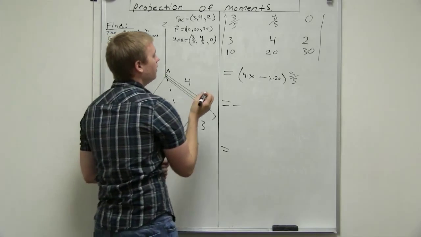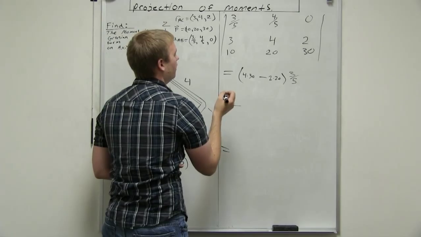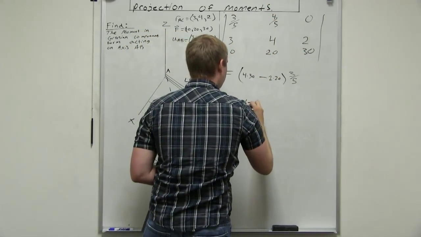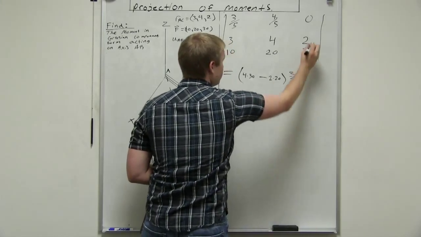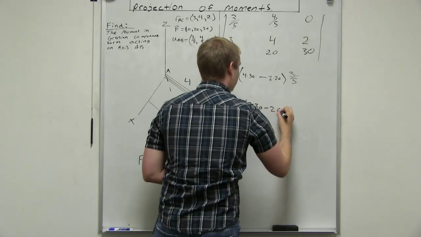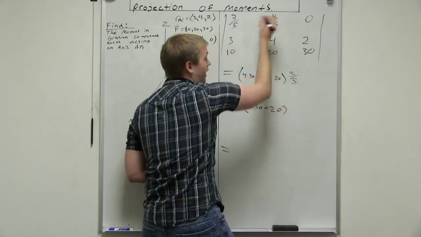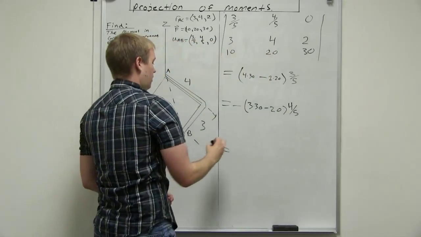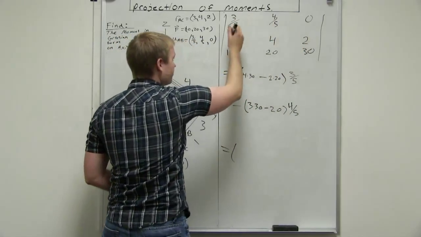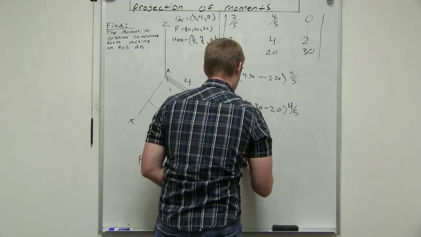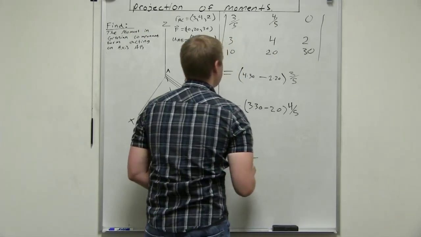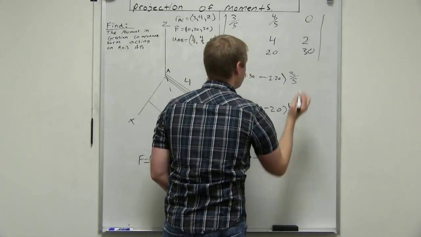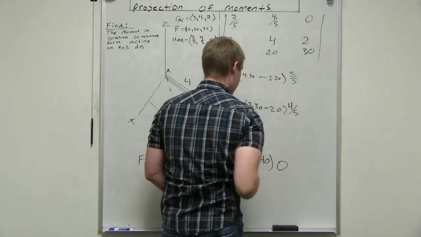Okay, and then we have, cross out the second row, 3 times 30 minus 2 times 10, 20. And we're multiplying that by 4/5, what we replaced j with. Okay, for this last one, cross out the last row, 3 times 20 minus 4 times 10. We multiply that by this one over here, which is 0.